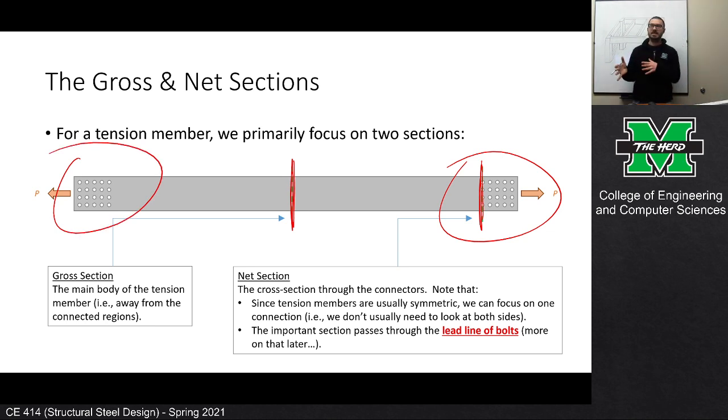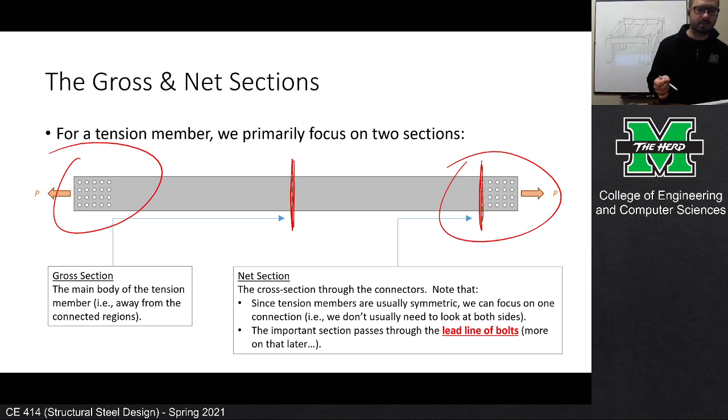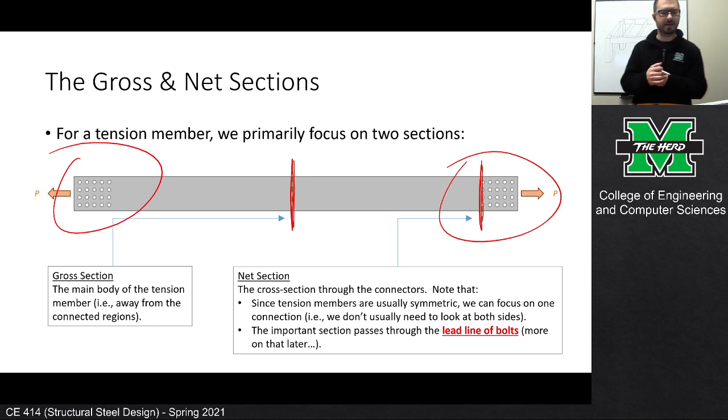So what that means is we can tend to only look at just one side, and more often than not, unless the connections were different, that's very rare in a lot of these instances. There are some instances where that can change, but more often than not, it doesn't. But we usually don't need to look at both sides. We can usually just look at one.